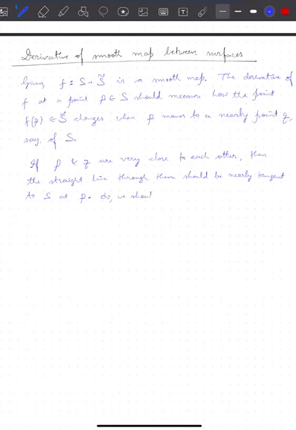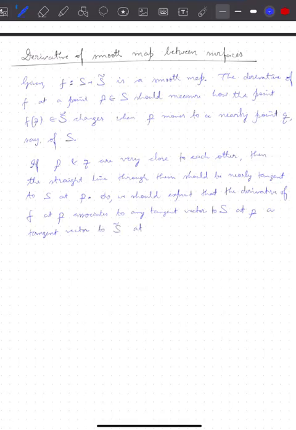So we should expect that the derivative of f at P vector associates to any tangent vector to S at P vector a tangent vector to S tilde at f of P vector.